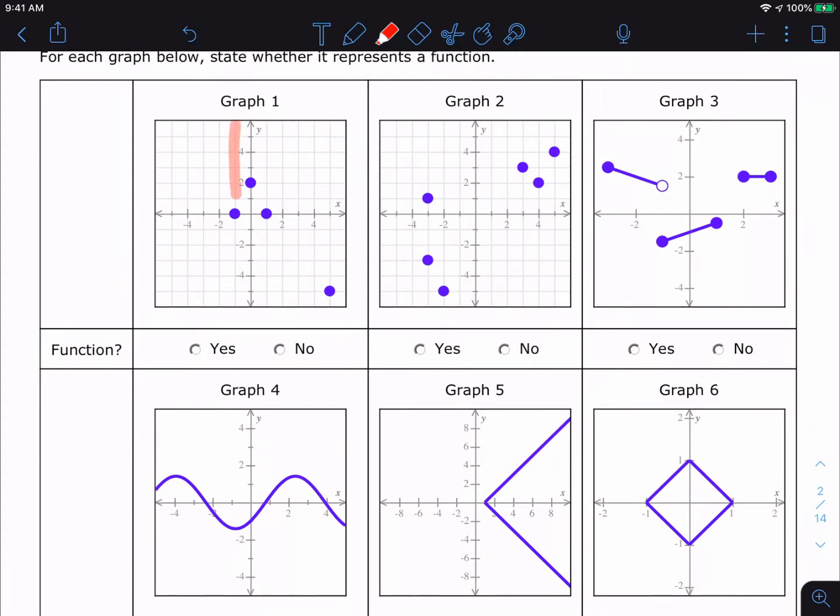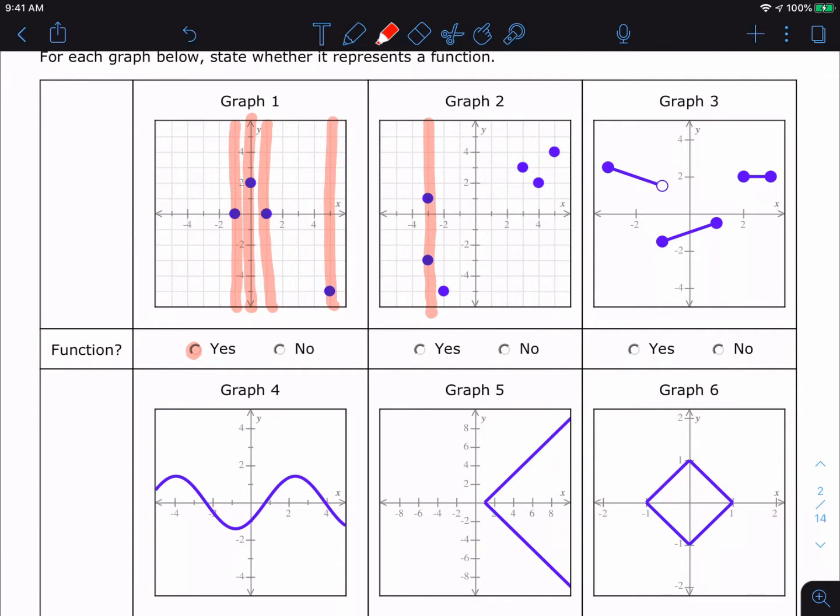So here, did we hit the dot more than once? Clearly it's no. Here, nope. Here, nope. And here, nope. So that tells me that it is a function. Okay? Let's look here. Did it hit it in more than one spot?